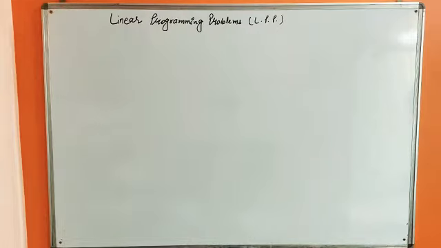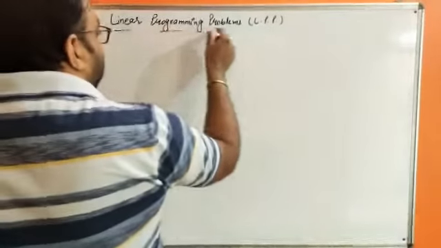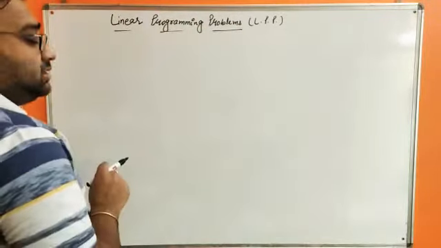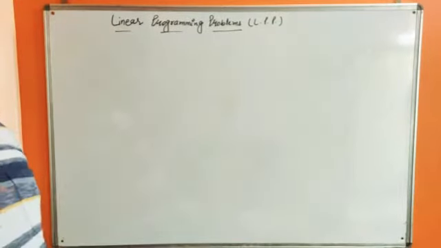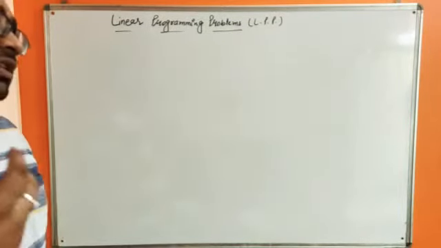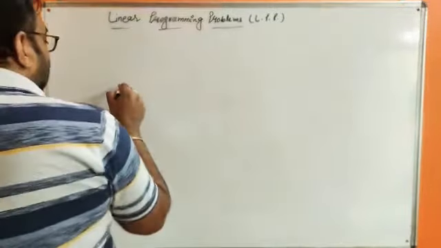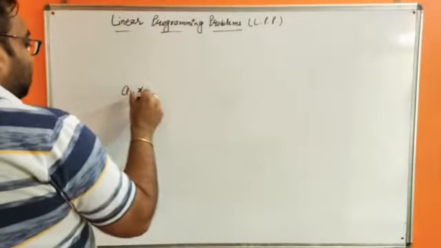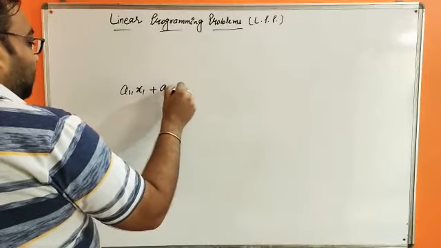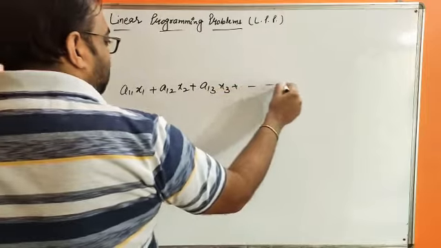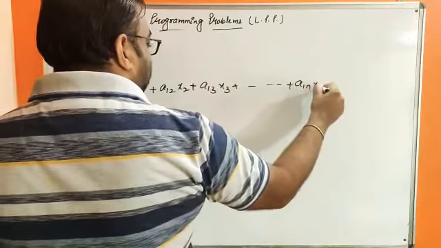That is, in a linear programming problem, there are some equations or inequalities which contain either a less than or equals to, or greater than or equals to, or equals to sign. That is, an equation of the form a11 x1 plus a12 x2 plus a13 x3 up to a1n xn.